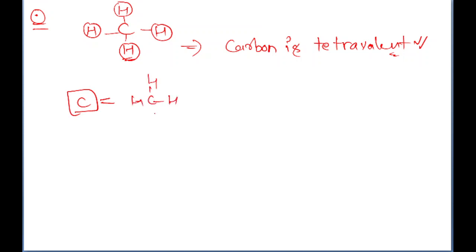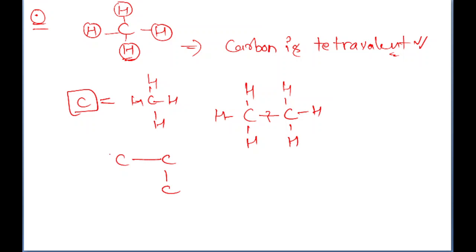Okay, if the carbon is already bonded to someone, suppose carbon is bonded to another carbon atom, then 1 bond is here, and then the remaining 3 will be H. This carbon is also bonded to this carbon, and the remaining 3 will be by H. If the carbon is bonded like this, then 1 bond is here and the other bond is here, so the remaining 2 will be completed by hydrogen.